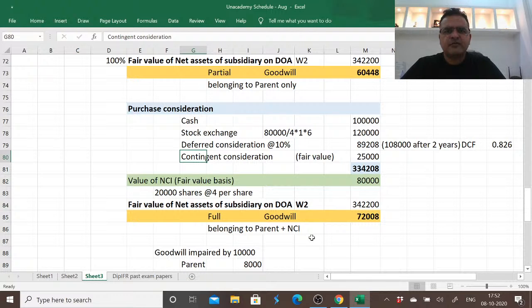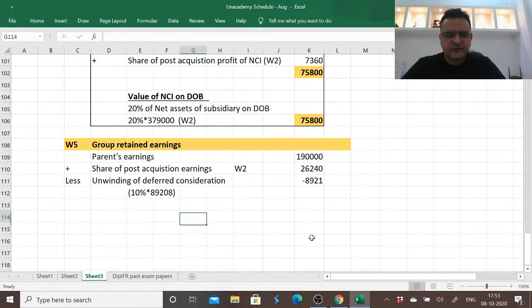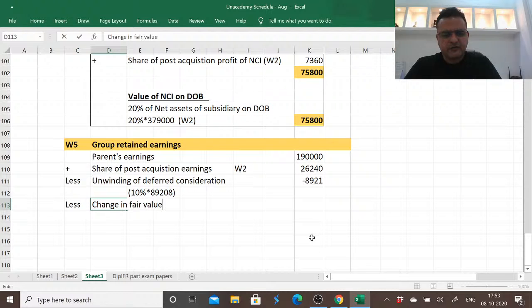The liability has increased by 4,500, from 25,000 to 29,500. So there is a change in fair value of 4,500. A change in fair value increases the liability. So less change in fair value of contingent consideration, minus 4,500.